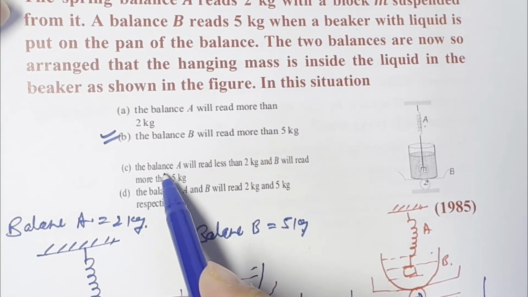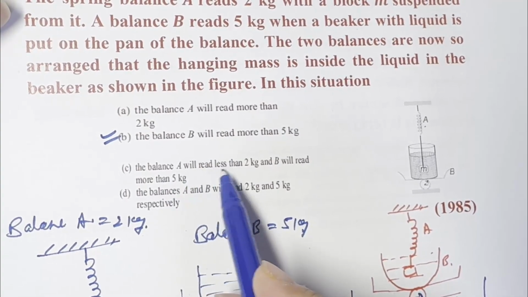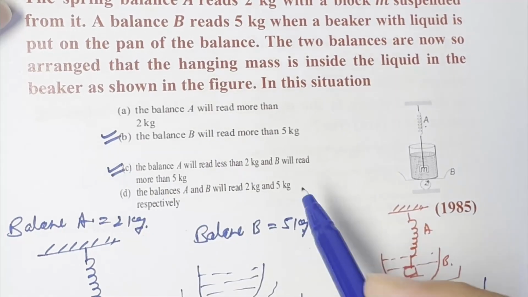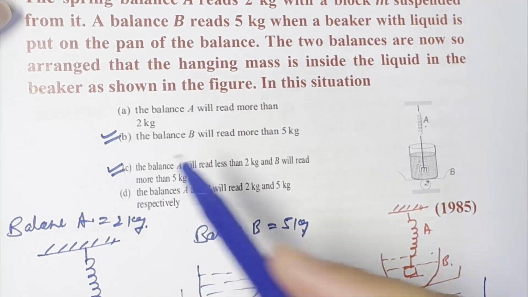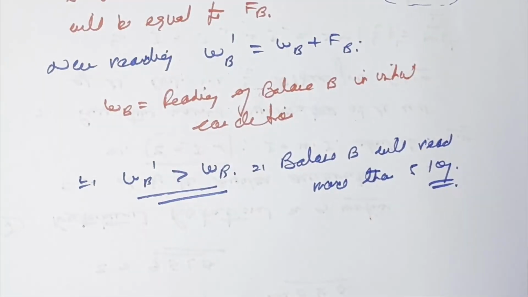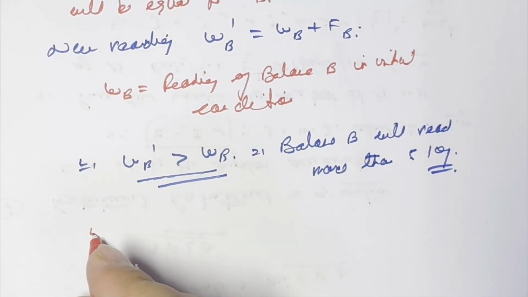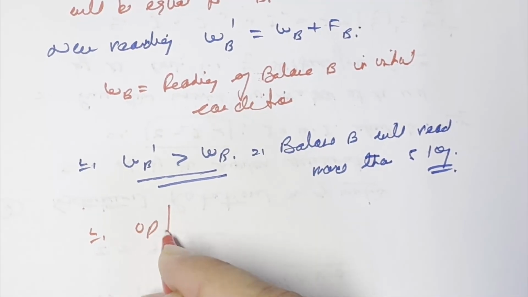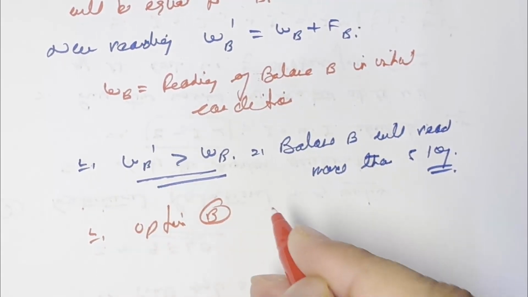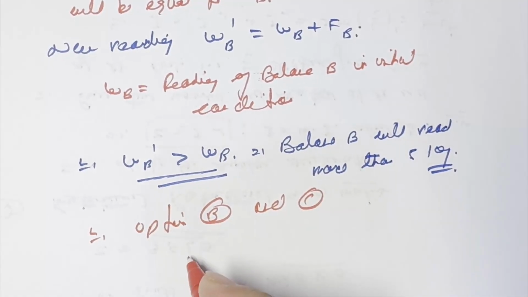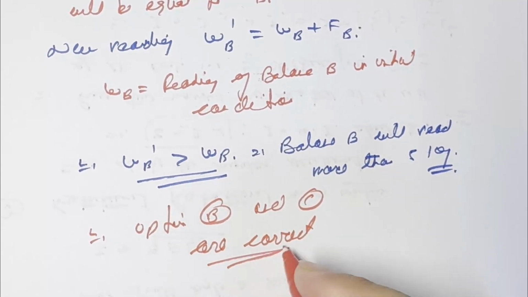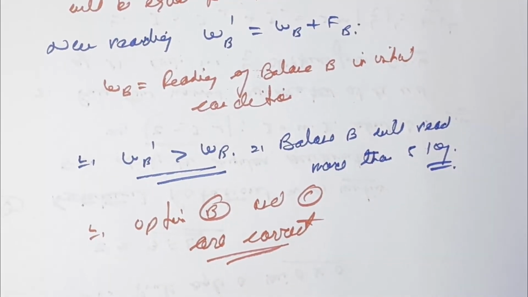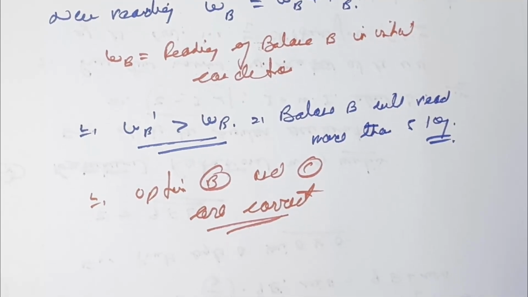We also found out that balance A will read less than 2 kg, so the combination of B and C is the correct option. So this is a multi-correct answer. Options B and C are correct. Okay, so this completes the question.